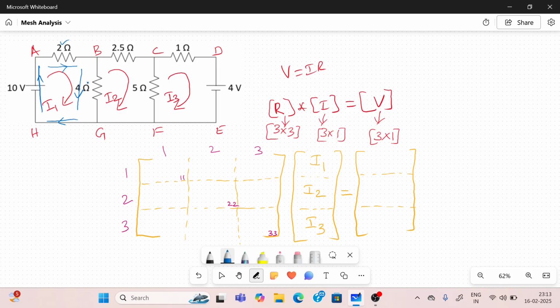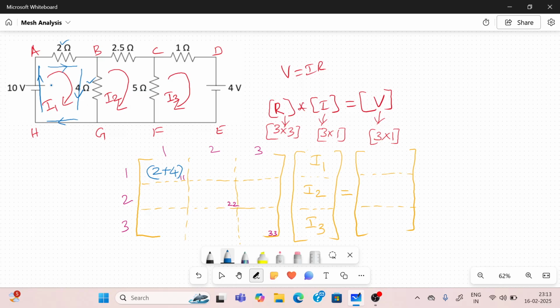There is a 2 ohm resistor and a 4 ohm resistor. Others are only voltages. So only two resistors in the mesh, 2 and 4, add directly: 2 plus 4. The diagonals are the sum of the resistances in the corresponding mesh.